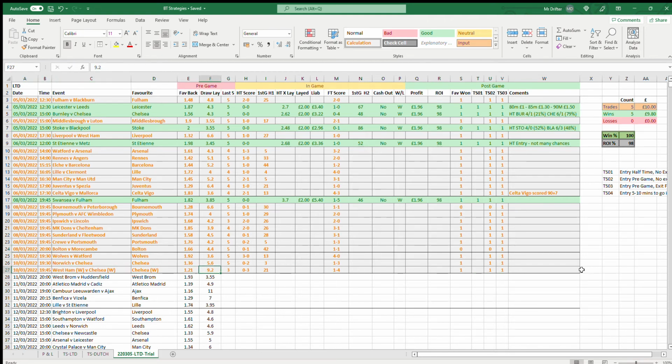So back to scaling up then. If we scaled up to times 10, and instead of £2 stakes across here, we were using £20 stakes, then this liability would be £54, 10 times as much.